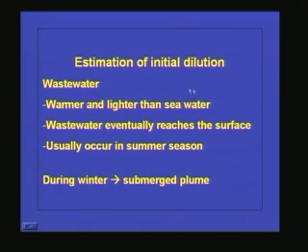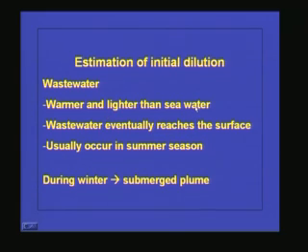And how can we estimate the initial dilution whenever we discharge into the ocean? It depends upon the climatic conditions. What will happen when we discharge the wastewater into the ocean? The wastewater will always be warmer and lighter compared to the sea water.